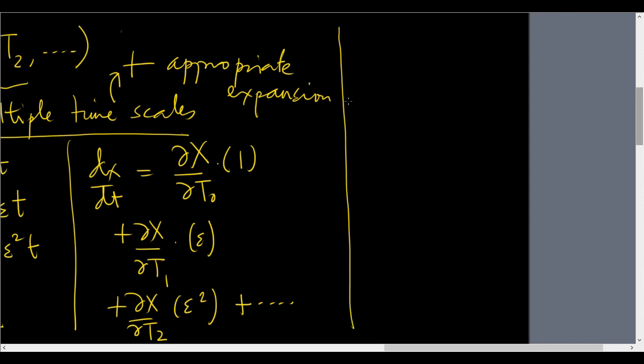so we will start with the simplest problem, which is x dot equals minus epsilon x sine squared of (t plus x). We have looked at this with averaging. We have done it.